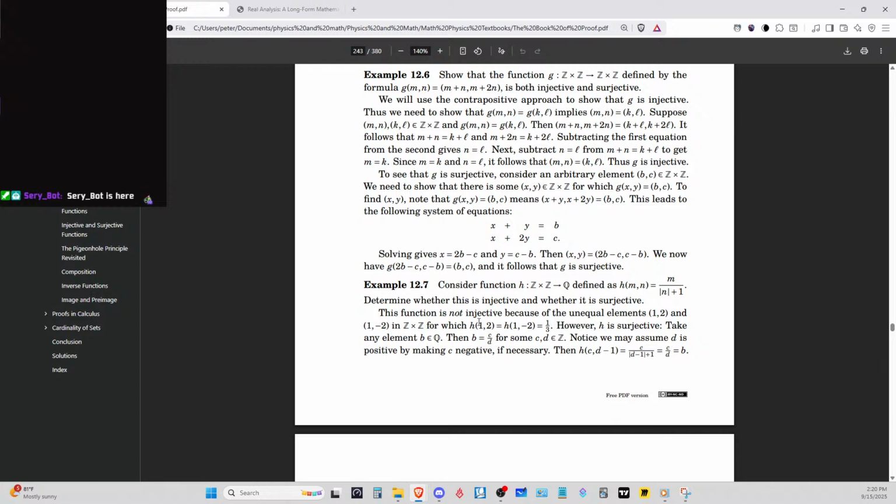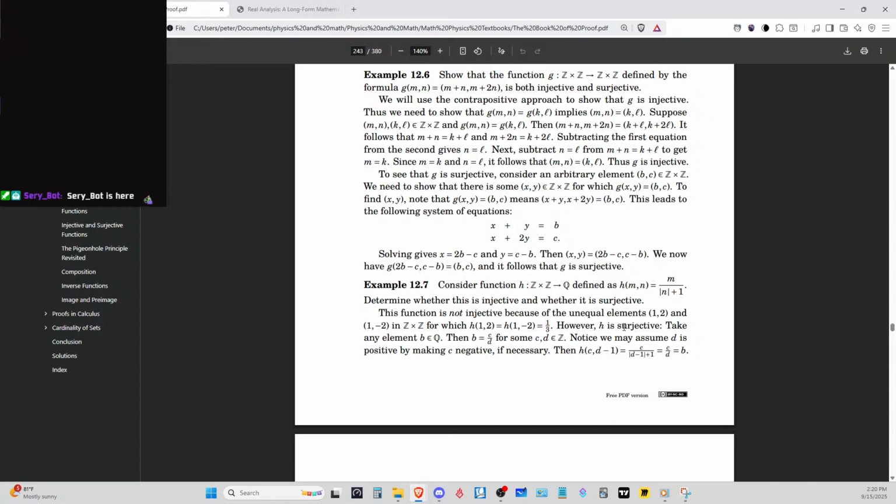So let's see, this would be 1 and this would be 2. Oh okay, because this is the absolute value. That's why it's not injective: they both have the same answer here.